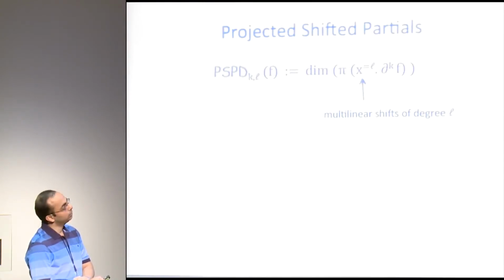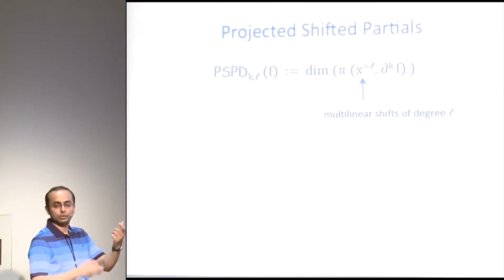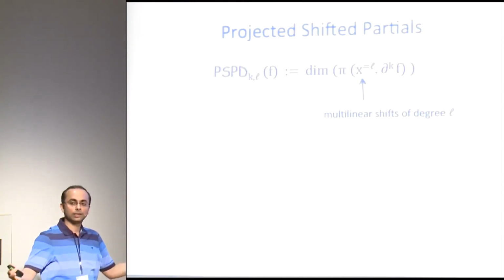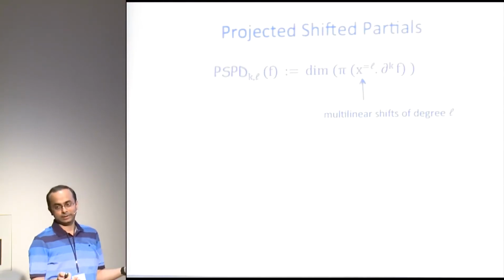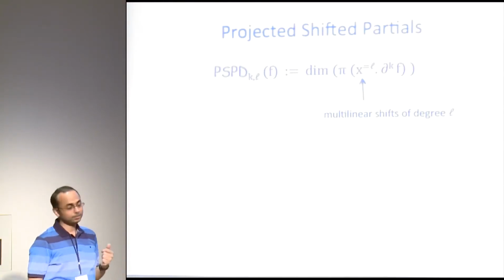So what does this mean? I take derivatives, then I shift. I will get a polynomial, and then I retain only the multilinear monomials of that polynomial. That is my polynomial, and you look at all such polynomials, the space spanned by these polynomials, and look at its dimension.